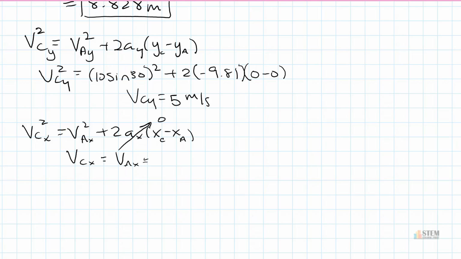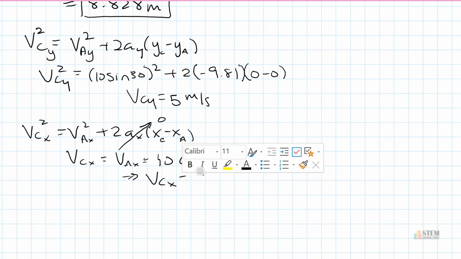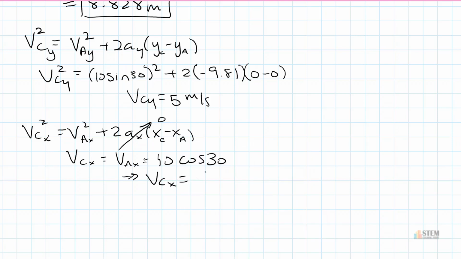All right, so not a whole lot to do here. So that's going to be 10 cosine 30. All right, so VCx will be 8.66. So now I've got my x component and my y component of velocity.